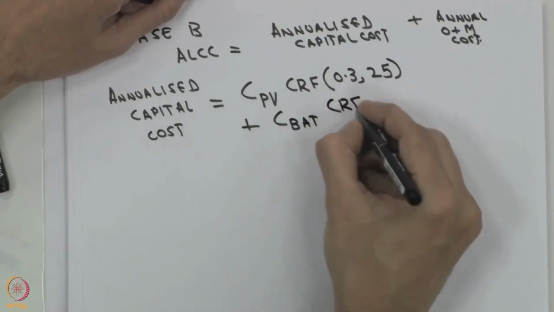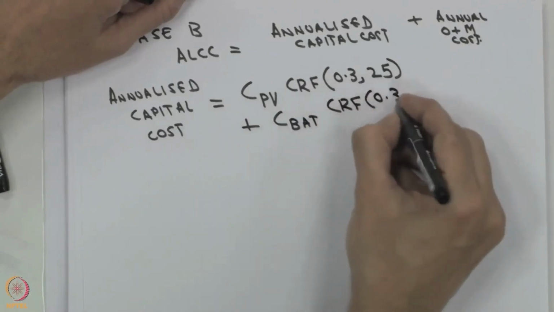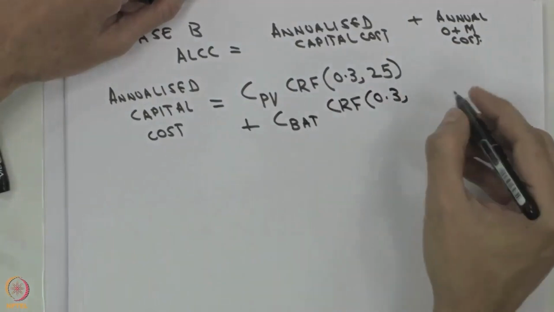CRF 0.3, but the battery life is less than the life of the panel or the power electronics. So, this will be 5 years. This is the advantage of the annualized life cycle cost method, because we can simply add up the annualized capital cost for different components which have different lives, it just means that the capital recovery factors we use are going to be different.